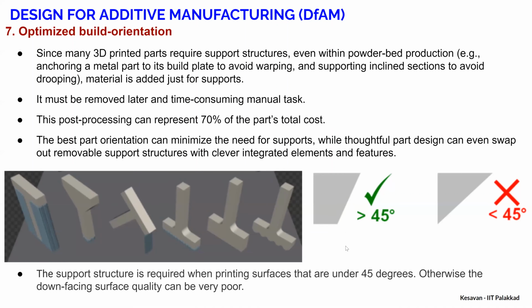This is the rule. If the angle is greater than 45 degrees, this side doesn't require any supporting structure. If it is less than 45, then you need to anchor this side. So while designing itself, you need to take care to avoid any angle which is less than 45 degrees.